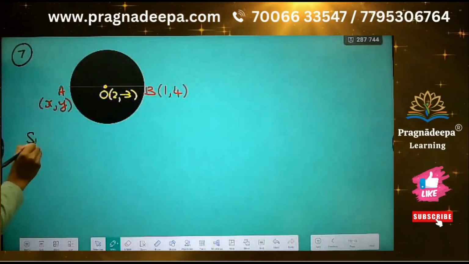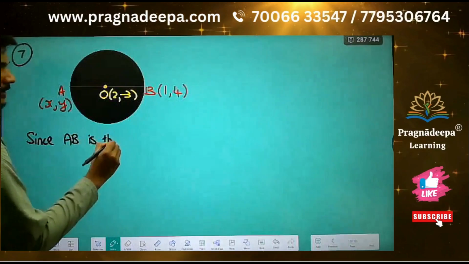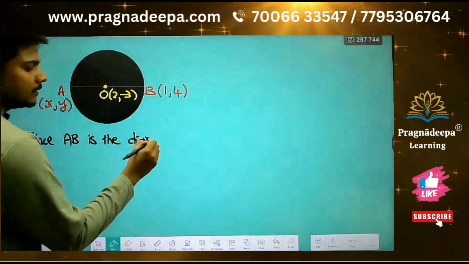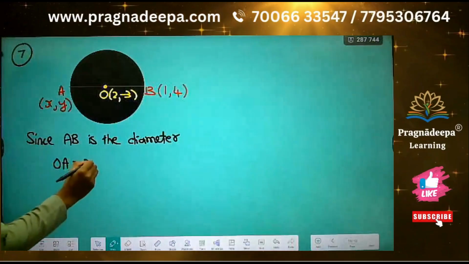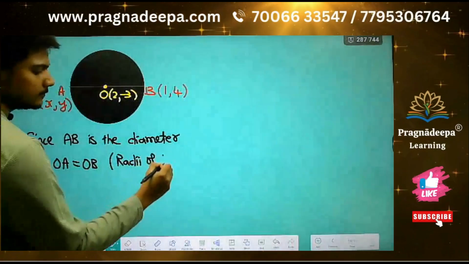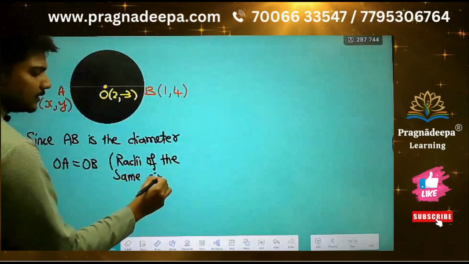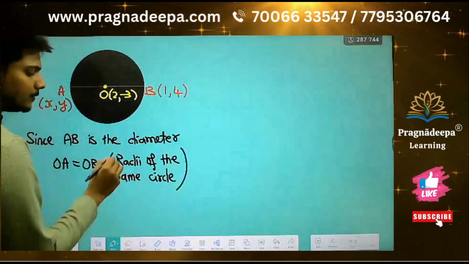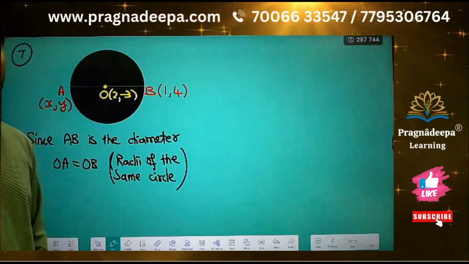So since AB is the diameter, OA is equal to OB. Reason: radii of the same circle. So you can apply the midpoint formula, or you can also apply the distance formula. Okay.